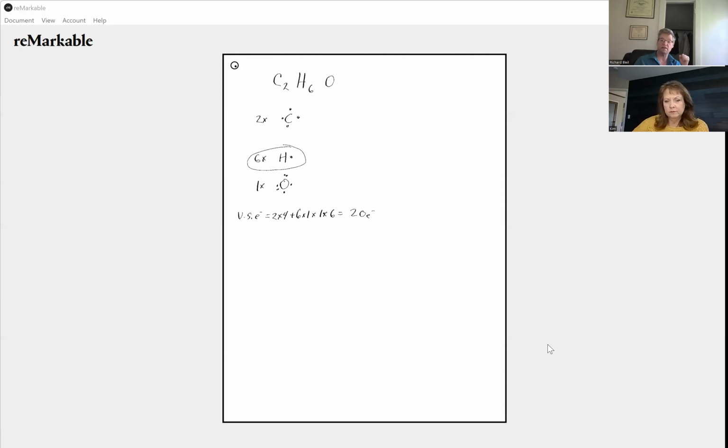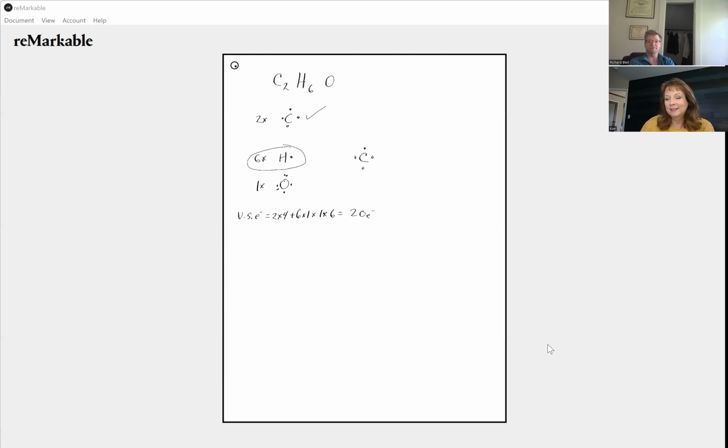What do we start with? Well, when it's organic, I usually like to start with carbon. So let's throw a carbon in here. Have we used all of our carbons? No, we have not. Kim, what would you like to add next? The second carbon or the oxygen? Oxygen?